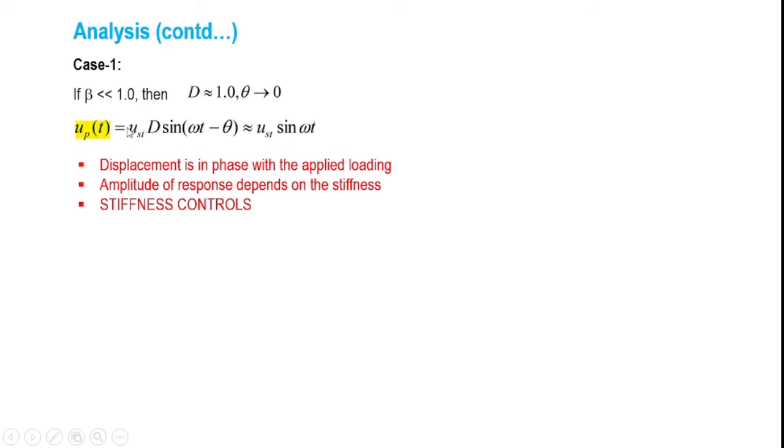Which means that for such a scenario, the particular solution UPT can be written as UST into D into sine of omega t minus theta. Substituting the value of D and theta, we obtain for a slowly applied load UPT is equal to UST into sine of omega t.